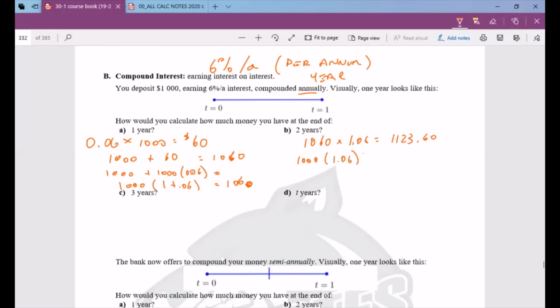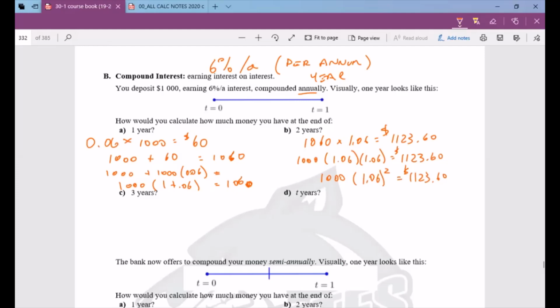So that's my year one of interest times 1.06. That's my year two of interest. So that ends up being the same thing, 1123.60, which is what we have at the end of year two. So the idea is my initial amount times 1.06 squared gives me what we have in total at the end of 2 years.